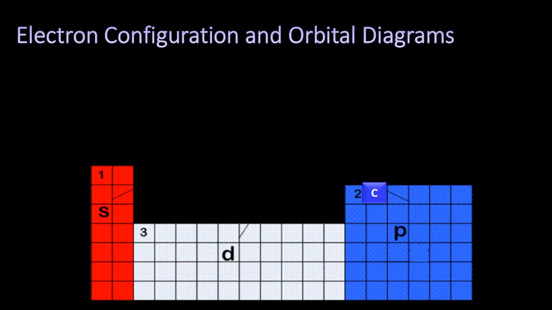Why don't you try the electron configuration for carbon all by yourself? See if you can give an address to all 6 of carbon's electrons. All right, carbon, C. I'm going to start here. So we have 1s2, that gets me through that. Then 2s2, because that's the second energy level, that gets me through there.